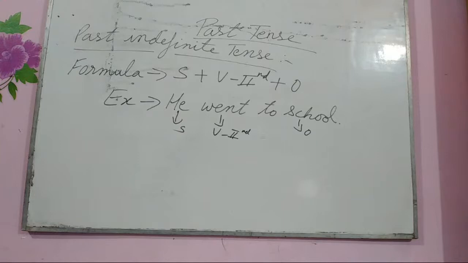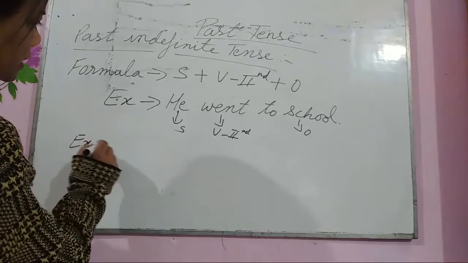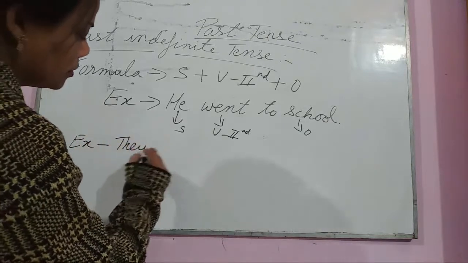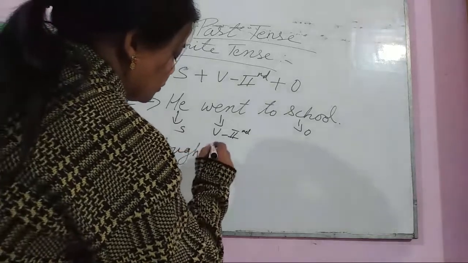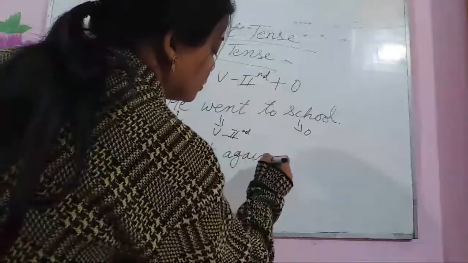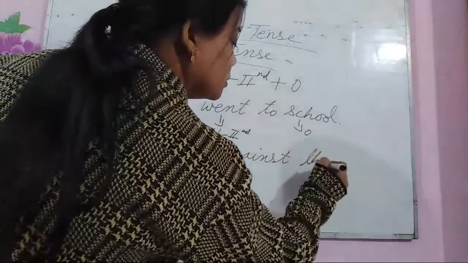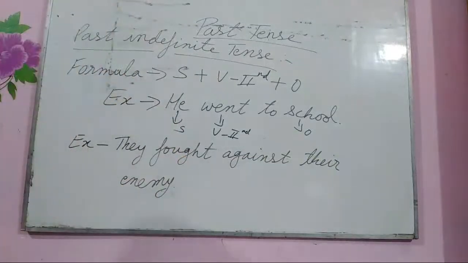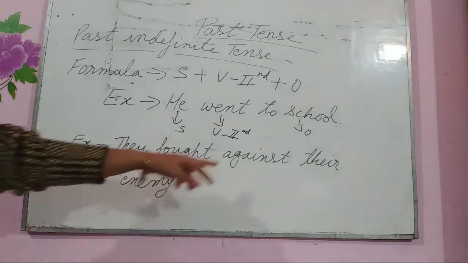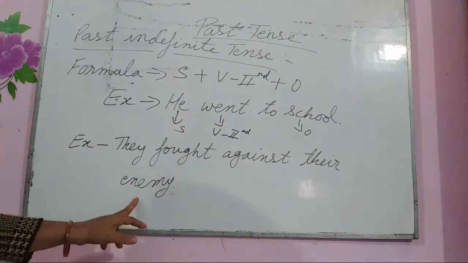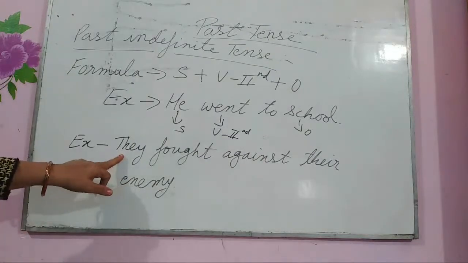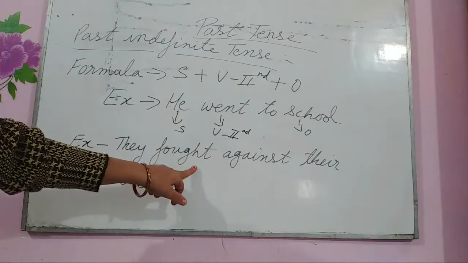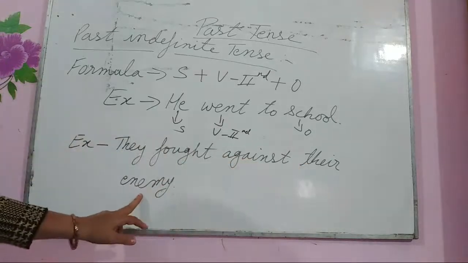Now let's see the other example of the same. The second example is they fought against their enemy, where they is the subject, fought is the verb of the second form, against their enemy.